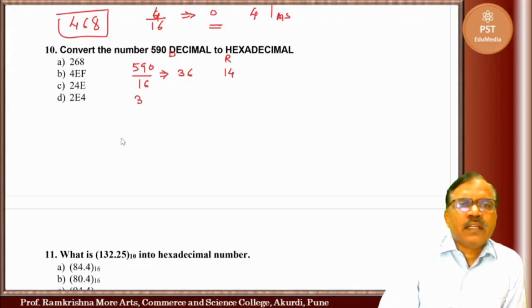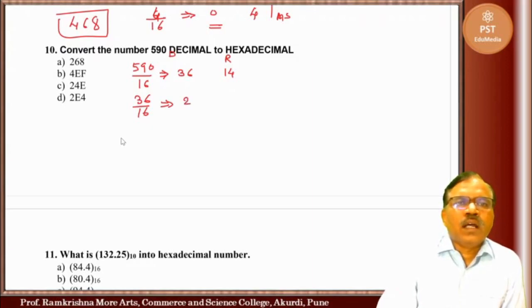Then 36 divided by 16, the quotient is 2 and the remainder is 4. Then 2 divided by 16, the quotient is 0 and the remainder is 2.